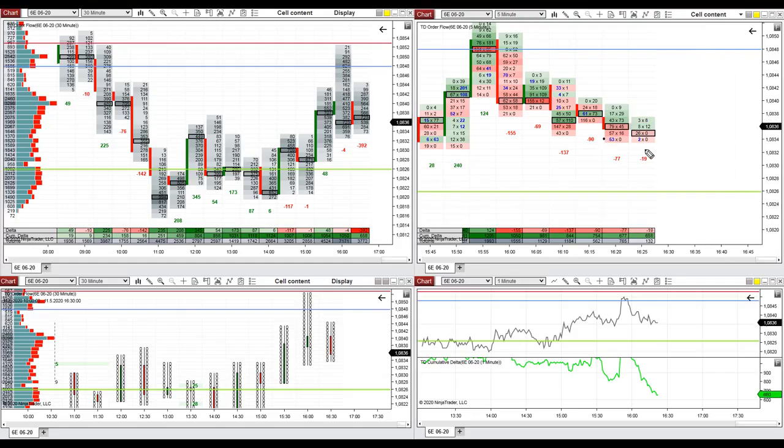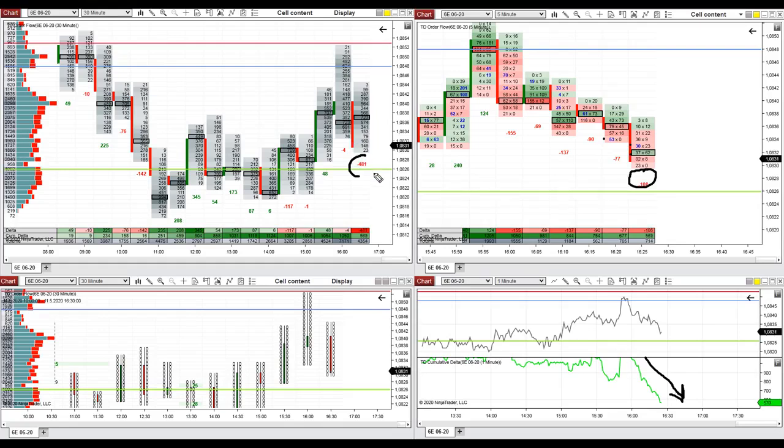Selling imbalance at the low, which indicates that the sell-off could continue. Selling imbalances, sellers dominate the market. Cumulative delta dropping. Look at the delta in here, in the 30-minute footprint.